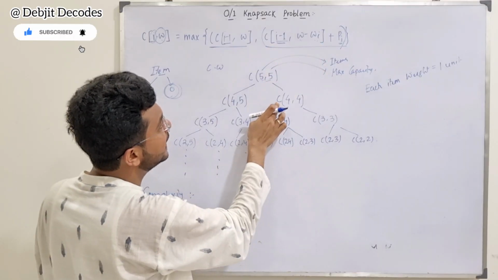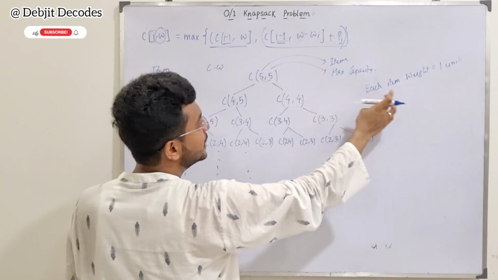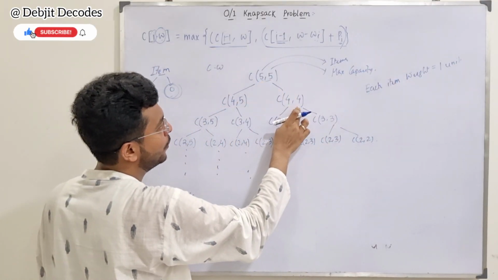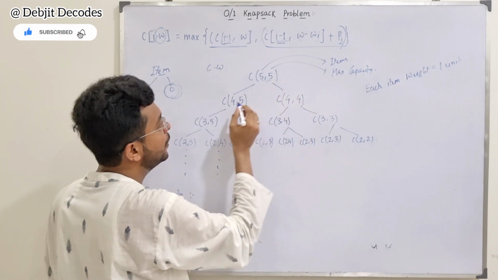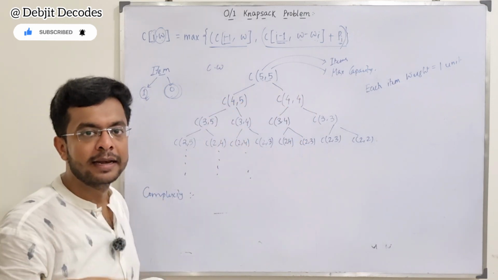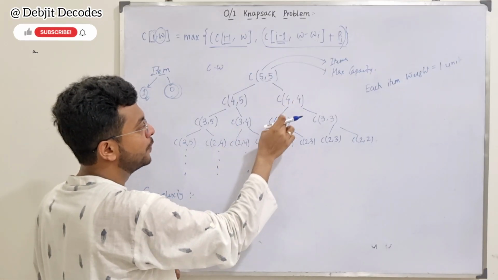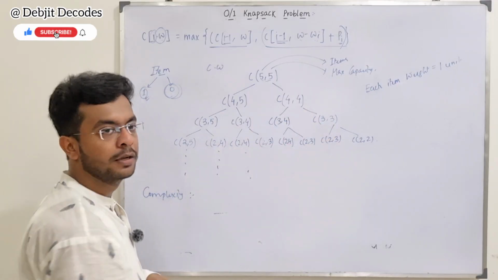So that is C, i minus 1, 4 and W minus Wi. What is the weight of each element? Weight of each element is 1. So that means 4 and 4. The first is, you haven't picked this item. This is, you have picked this item. Now if you break this down again, it will be 3, 5. Same thing will be happening again and again. It will be 3, 4. Then again it is not picked, so it becomes 3 and remains 4. Here 3, 3 and so on.